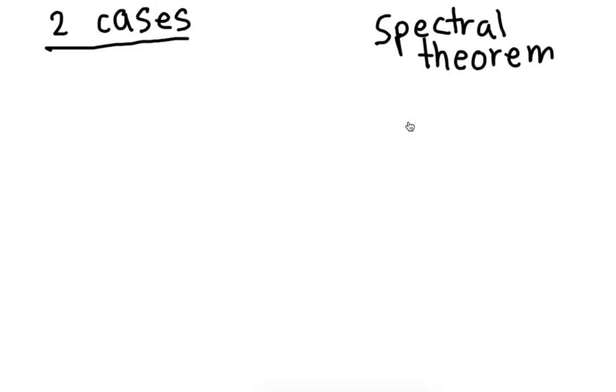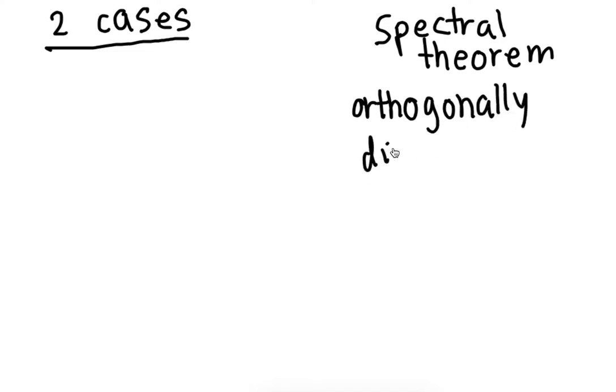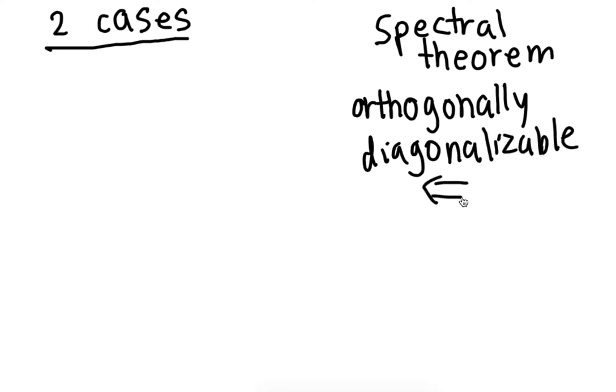What this theorem says is that a matrix is orthogonally diagonalizable if and only if A, the matrix, is symmetric. Meaning that if A is symmetric, you can conclude that it has to be orthogonally diagonalizable and vice versa.